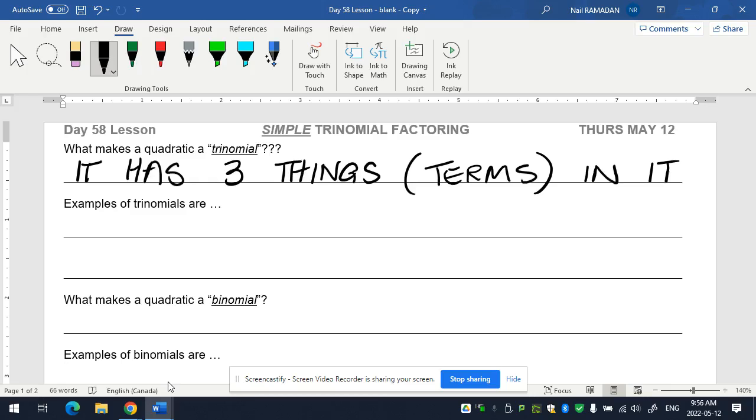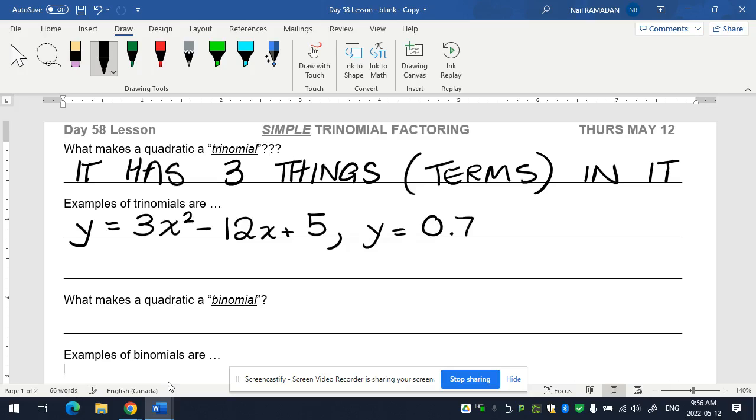So for example, y equals, give me three numbers. Because you have to give me a number with the x squared and a number with the x and a number by itself. So you have to say 3x squared and then maybe minus 12x plus 5. Okay, what's another example? You can use any numbers you want. I'm going to use decimals this time.